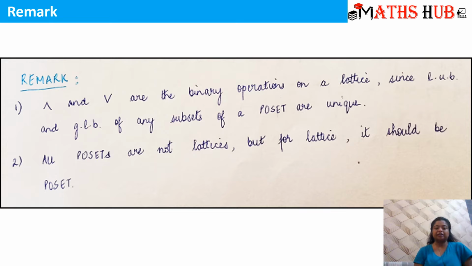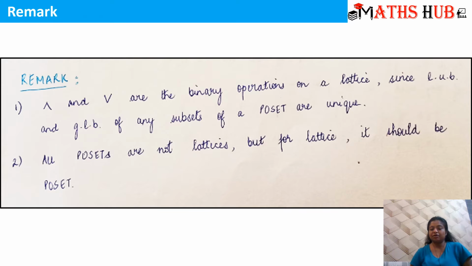The second remark says that all posets are not lattices, but for a lattice it should be a poset, because in the definition of a lattice we are saying any poset. So every lattice is going to be a poset, but it is not necessary that every poset is going to be a lattice. We'll come across many examples where you will see that some of the posets are not lattices, but some are acting as lattices.